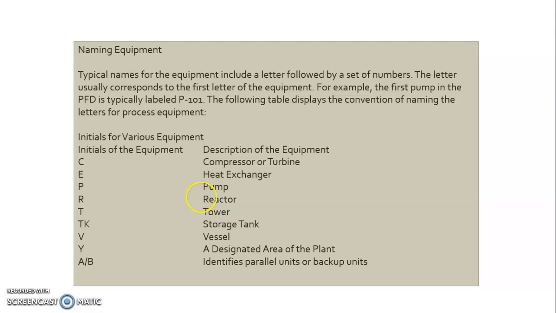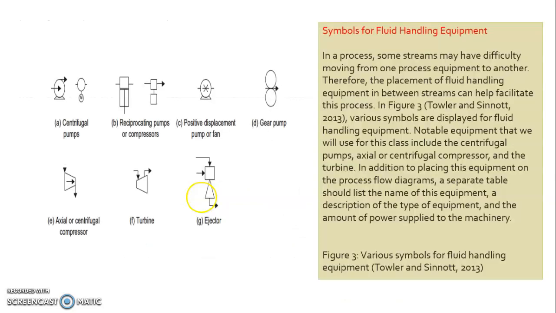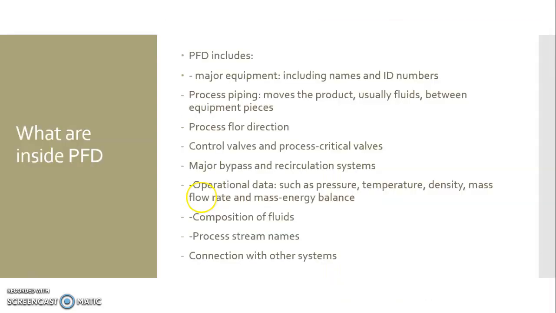Okay, so that people with a background in chemical or mechanical engineering should understand the symbols or the letters you use. And then these are various symbols for vector, vessel and tank. And then fluid handling equipment is the same, with certain specific symbols.